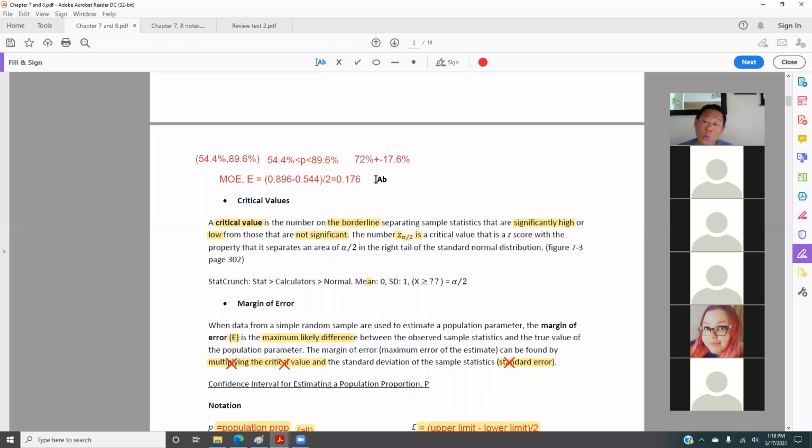So there are three ways to write your answer. In online homework, they will tell you which way they want. In my test, I don't care, but I strongly suggest the first way, because that is the one in your StatCrunch. Are you clear with me?